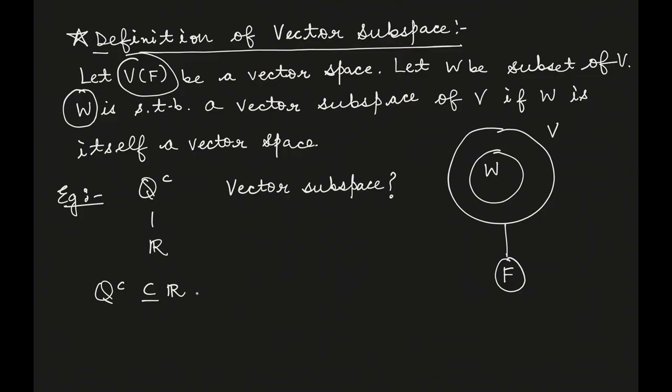But I have told you that short trick to check a vector space. Firstly, it should be a vector space. Then only it will be a vector subspace. It is not a vector space because the closure property fails.